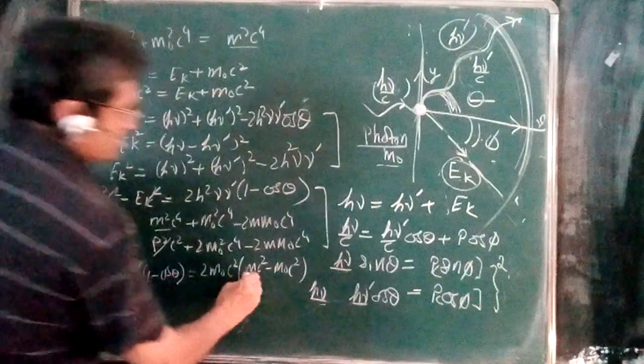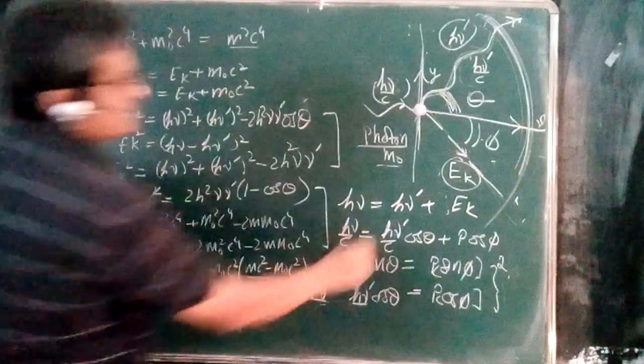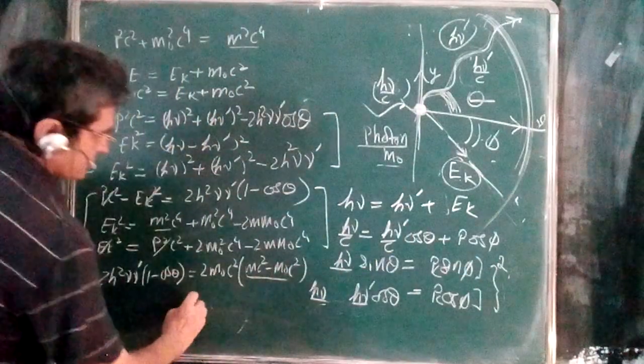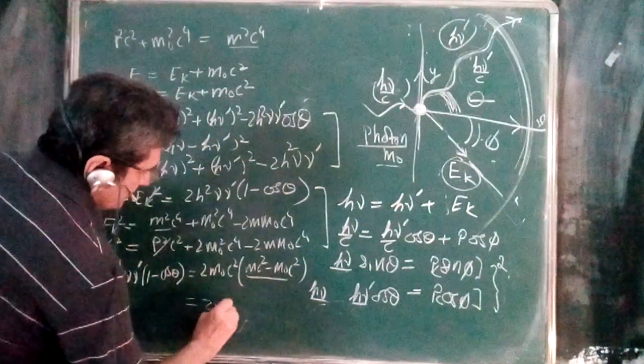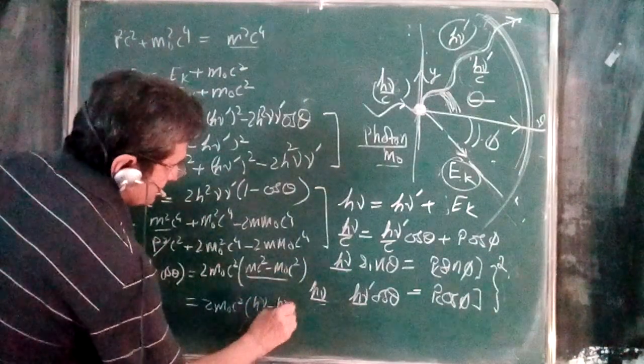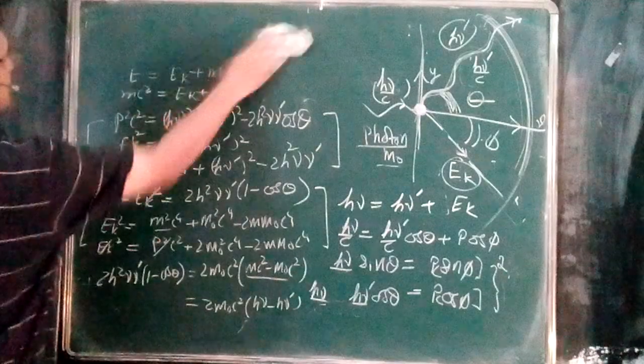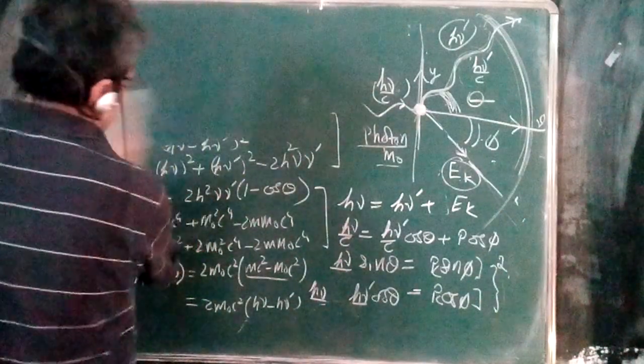This is nothing but ek. mc square minus m0 c square is ek, and ek is h mu minus h mu dash, so I write it here as twice m0 c square h mu minus h mu dash. So I get this relationship finally, and this is almost done now.